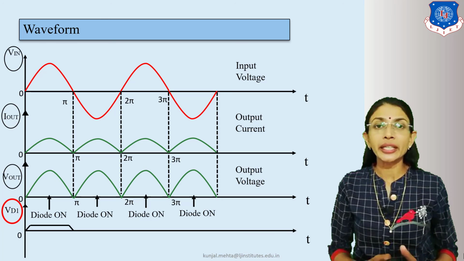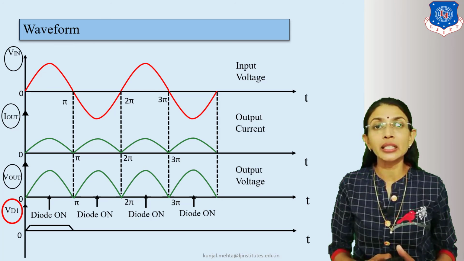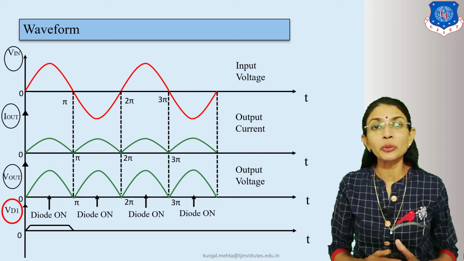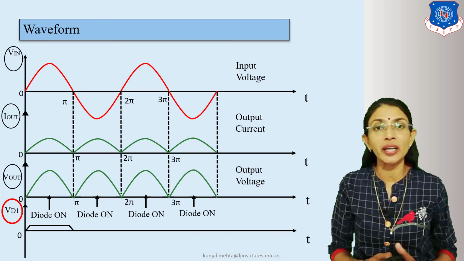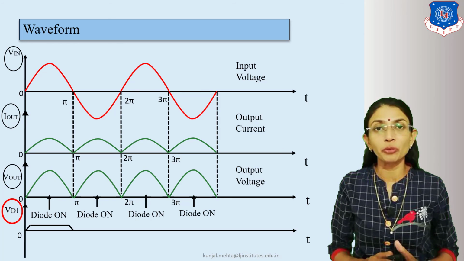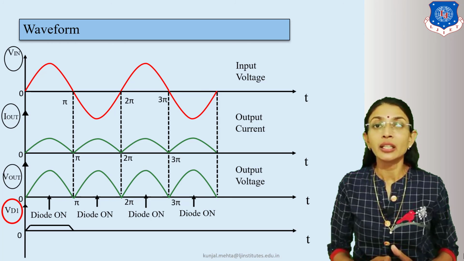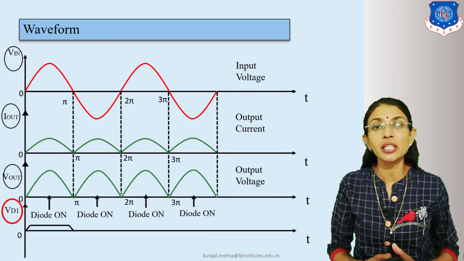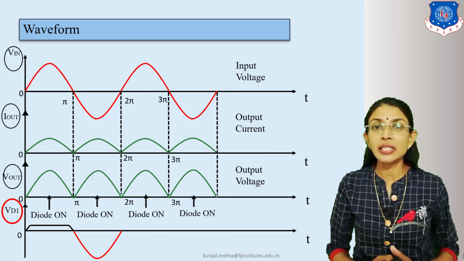Now during negative half cycle, the diode D1 acts as an open switch. So even if the input is negative, the output is positive as the current flows from top to bottom through the load resistance, but if I draw the voltage across D1, it is an open switch, and the voltage across an open switch will be exactly the same as the input.